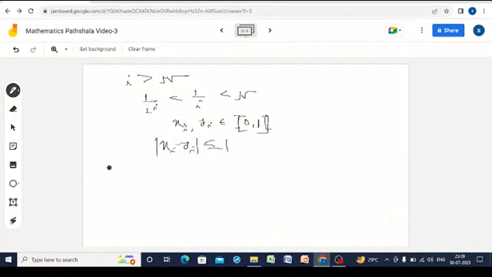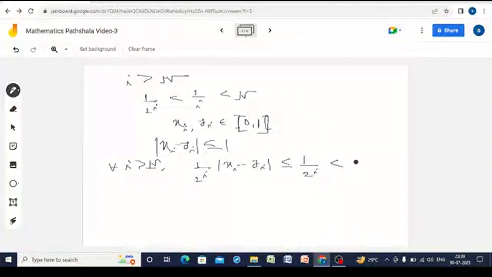So for all i greater than n, 1 by 2 to the power i times |xi - yi| will be less than or equal to 1 by 2 to the power i, which is less than 1 by n.